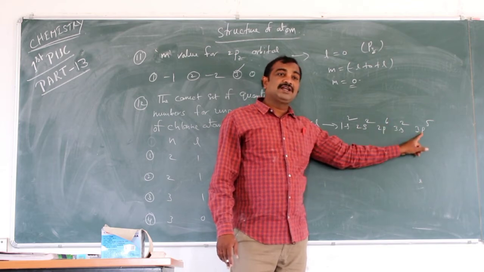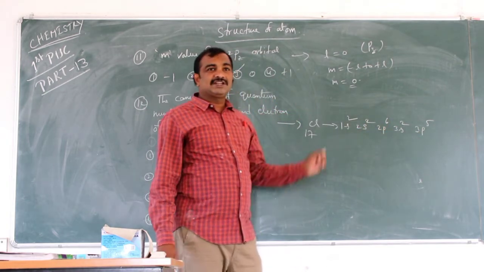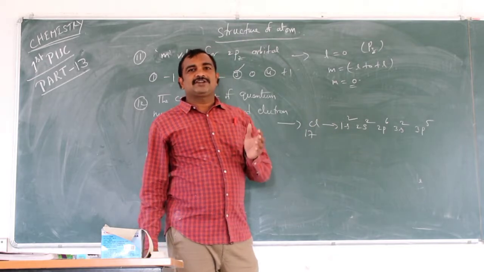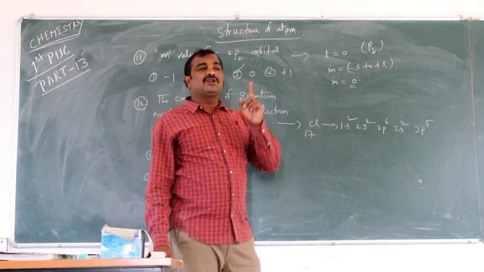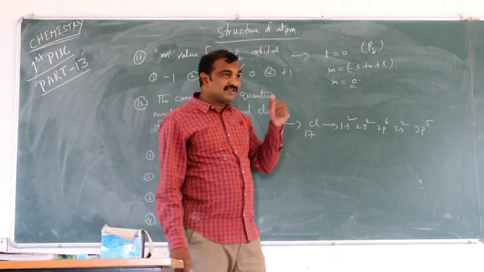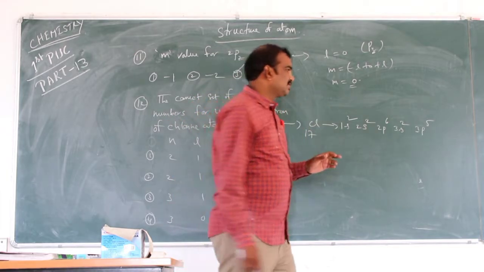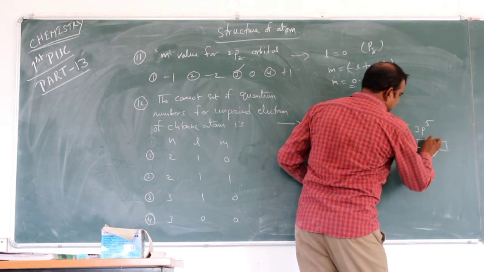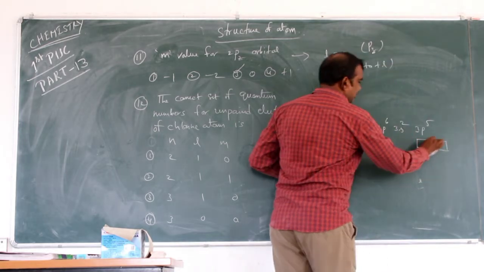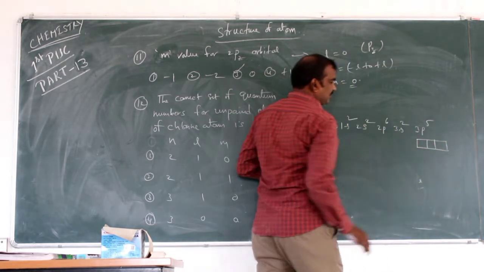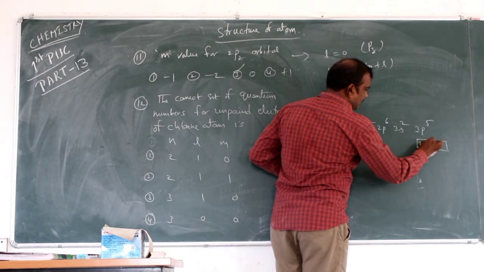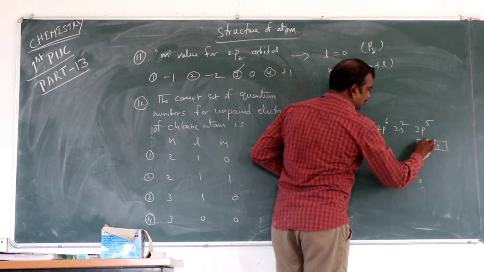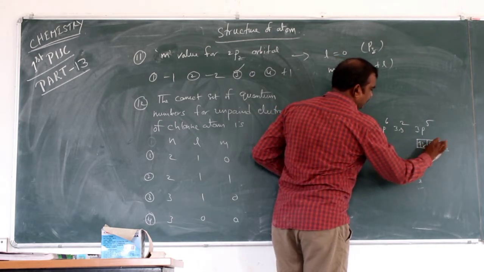What about here? 3p5 is there. That means it has only 5 electrons, but 1 more electron is required, since the maximum capacity is 6 electrons. So look here, if you write the p electrons in the orbitals, 3p5: 1, 2, 3, 4, 5.